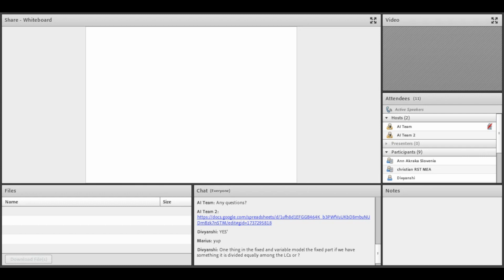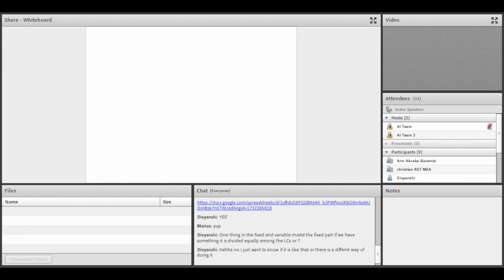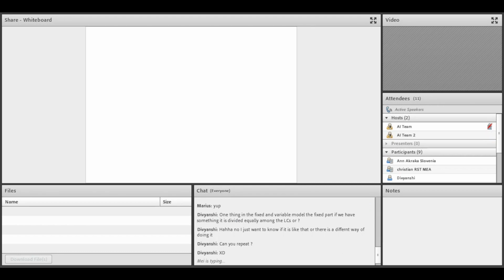Okay, so we got a question. In the fixed and variable model, the fixed part, if we have something, is it divided equally among the LCs? Okay, so for this one, the fixed part is divided equally among the LCs, and then the rest of the variable part is not.